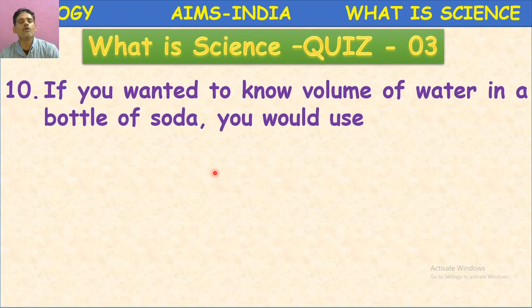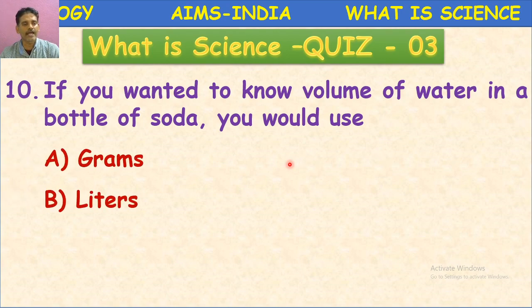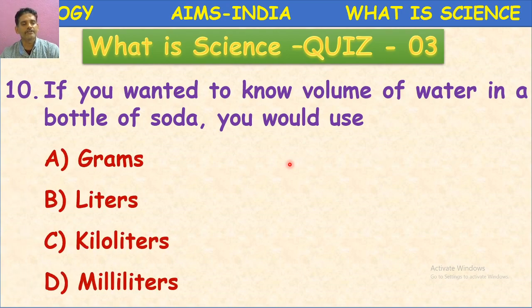If you wanted to know the volume of water in a bottle of soda, you would use grams, liters, kiloliters or milliliters. Yes, very simple, liters. Okay, B is the correct answer.